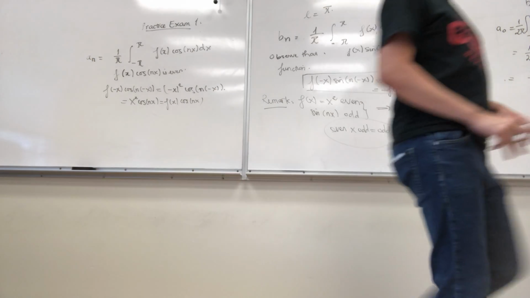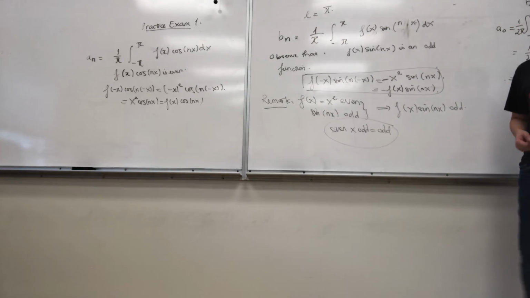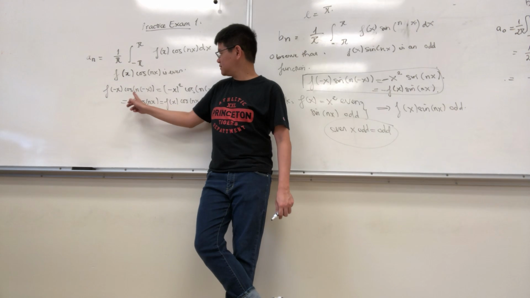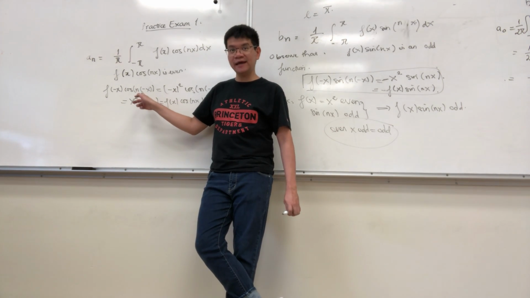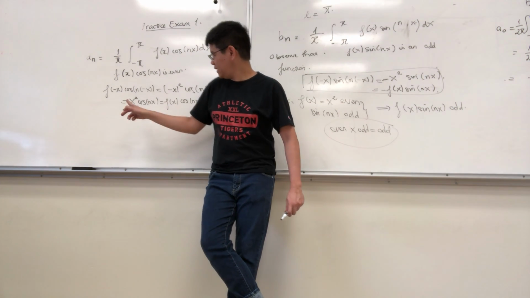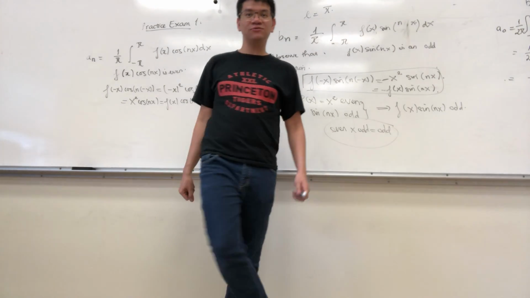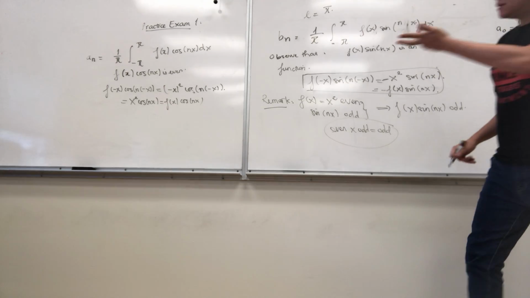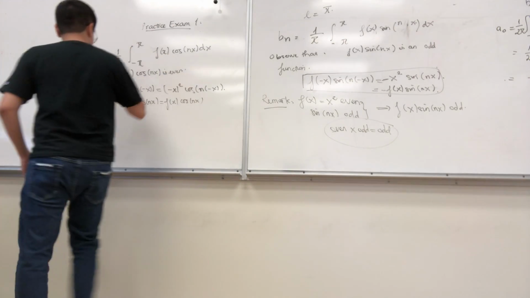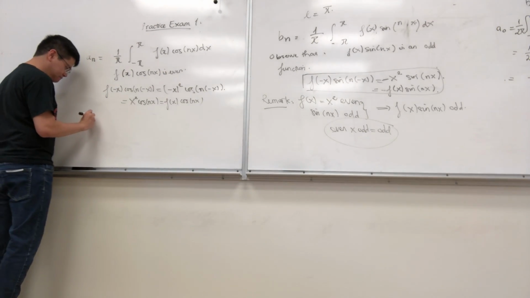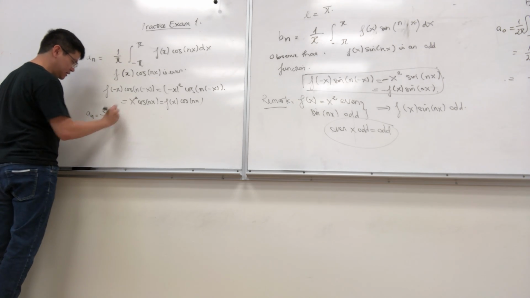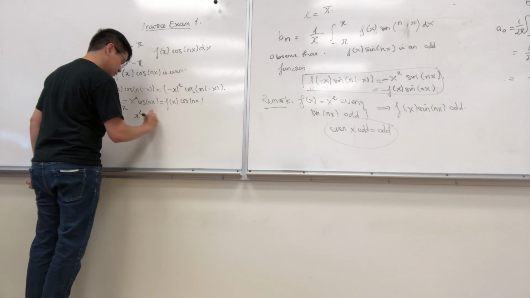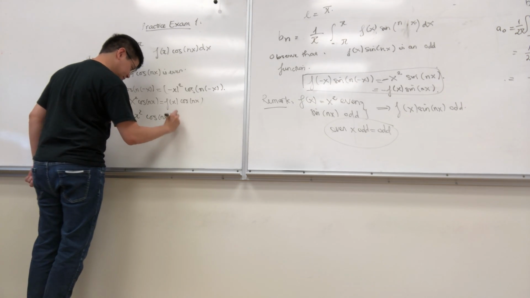So in this case, you have an even function, because when you replace x with minus x, you get x squared cosine nx, which is f(x) cosine nx. Which means that here you only have to compute the integral from 0 to pi, so an will be 2 over pi, the integral from 0 to pi of x squared cosine of nx dx.